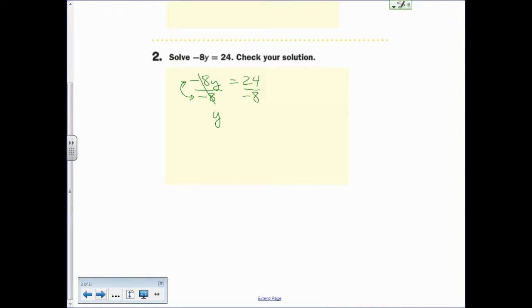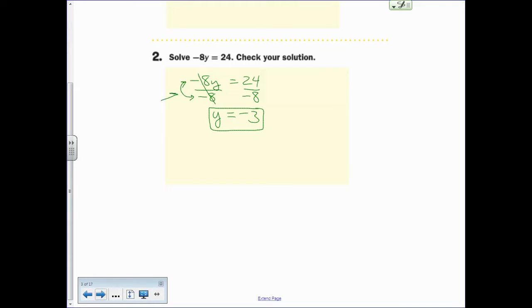So we get 1 times y, or just y. 24 divided by negative 8, those signs are different. So I'm going to get a negative answer because in multiplication and division, different signs negative. And 24 divided by 8 is 3. So y equals negative 3.